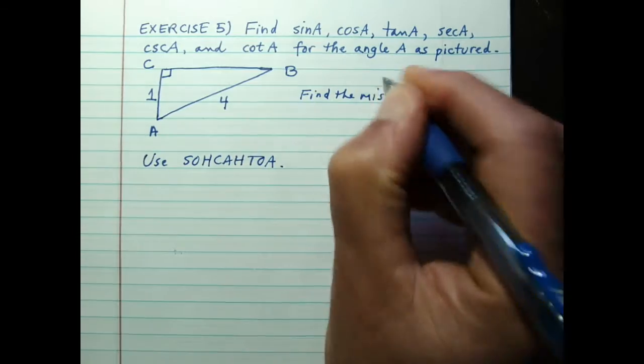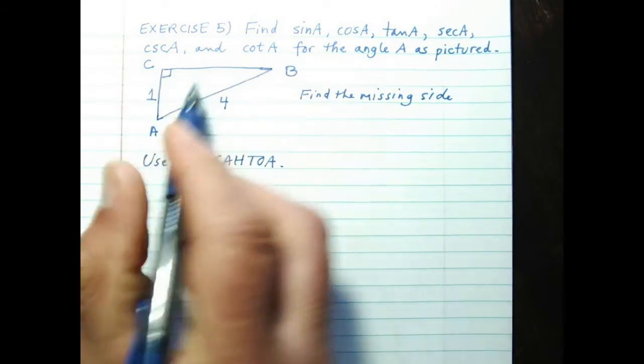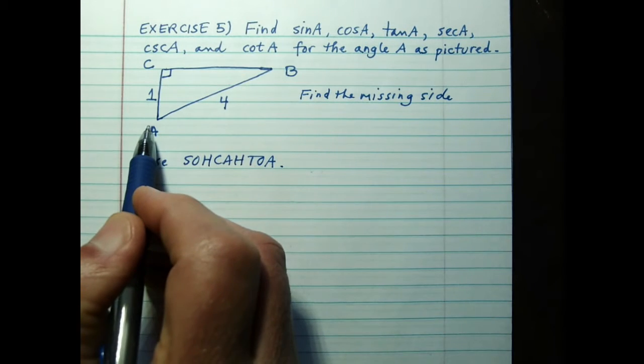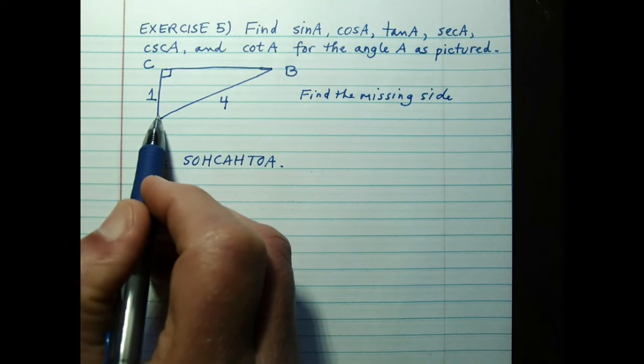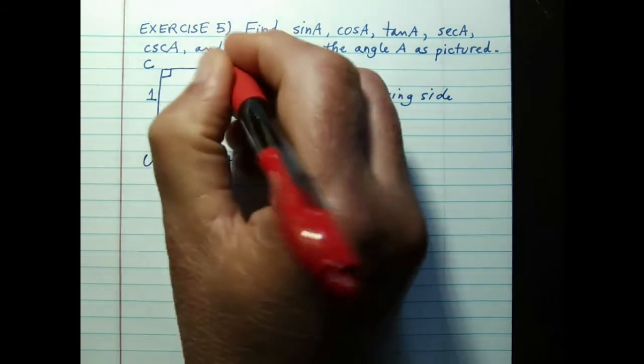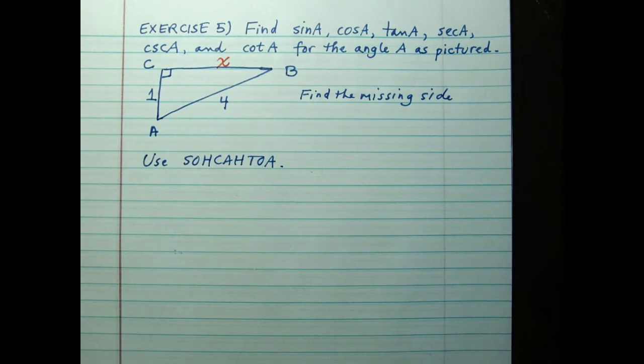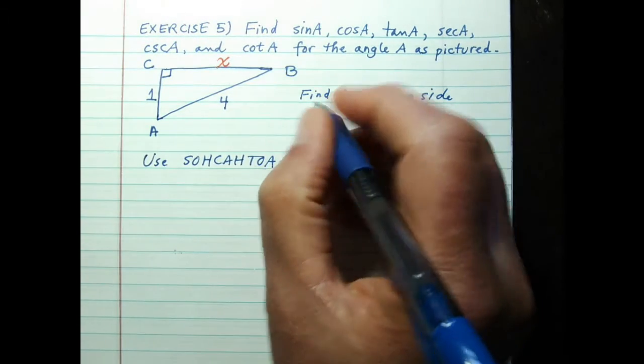Let's see, from A's perspective, this missing side is not the hypotenuse, it's not the adjacent side, it's actually the side opposite angle A because angle A is down here. And if I call that x, because I got 2 out of 3 sides, I can apply the Pythagorean theorem here.